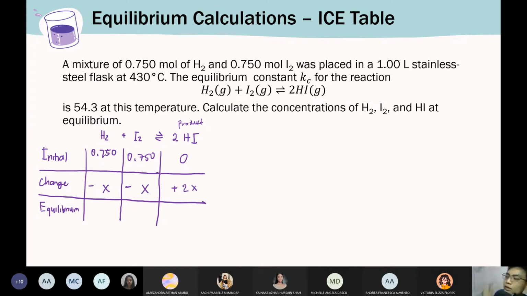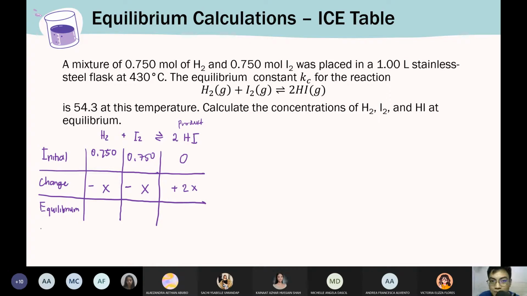Sino yung naglagay ng 2X? Press nyo yung like button kung nalagay nyo. Ayan, so nalagay ni Kenneth. Good, that's good. Si Adrian then. Okay, so ganun. So do not forget yung 2. Sabi ko nga kanina, yung coefficient, it must be reflected in your change.